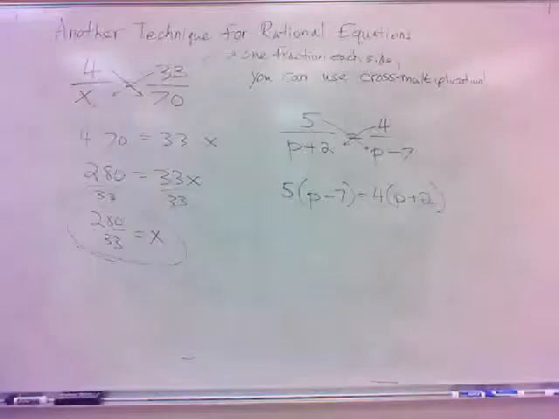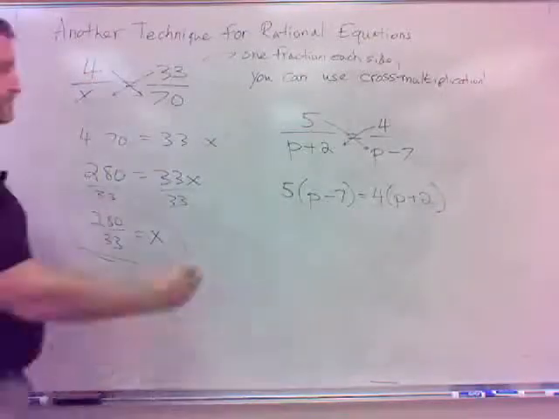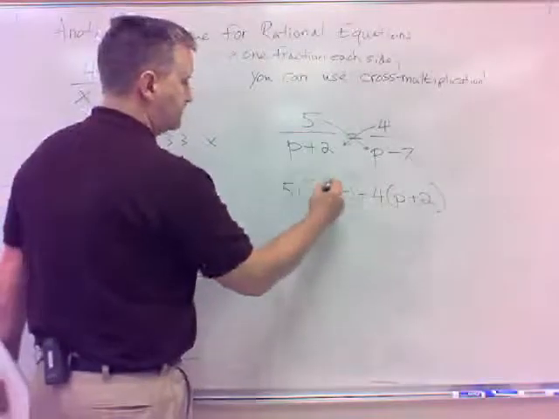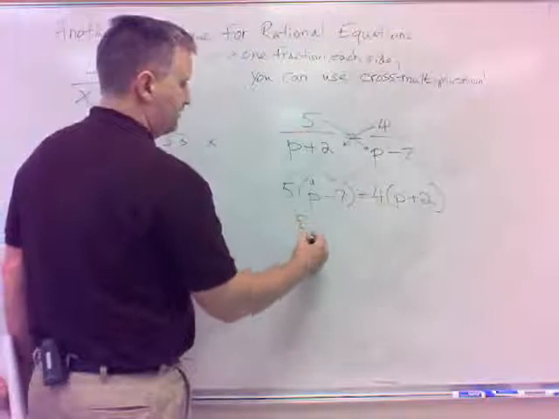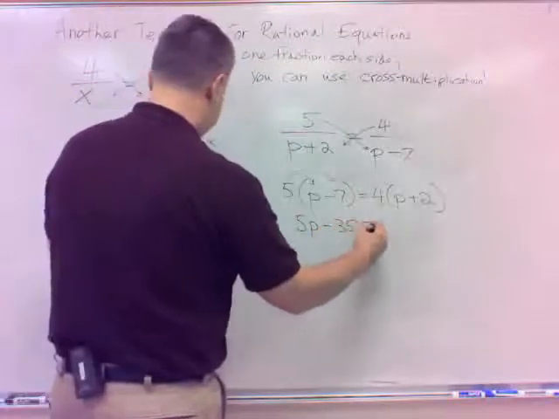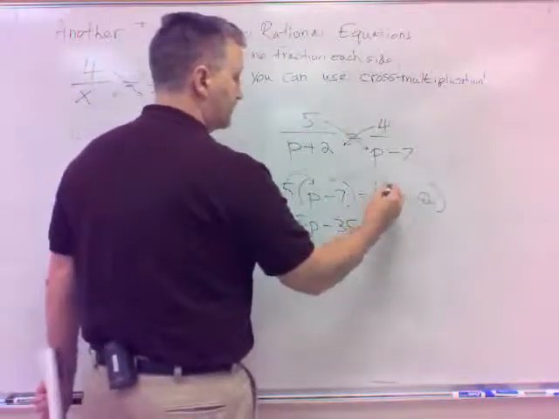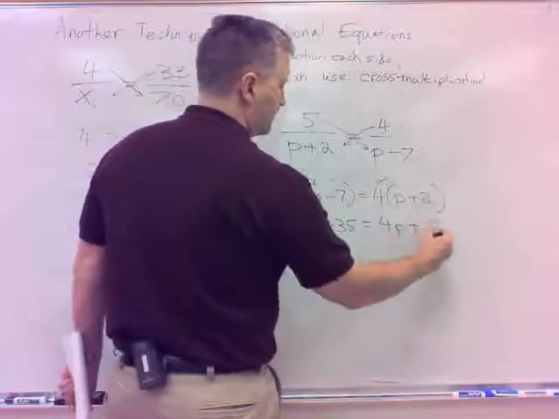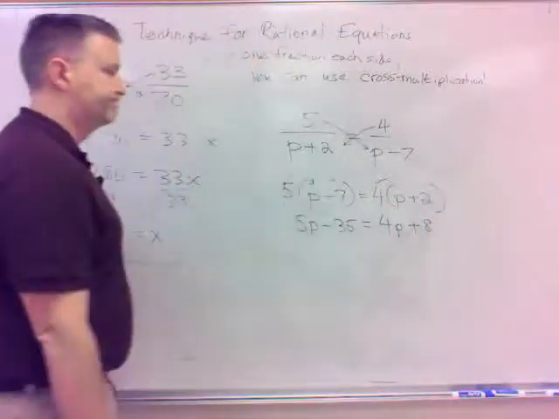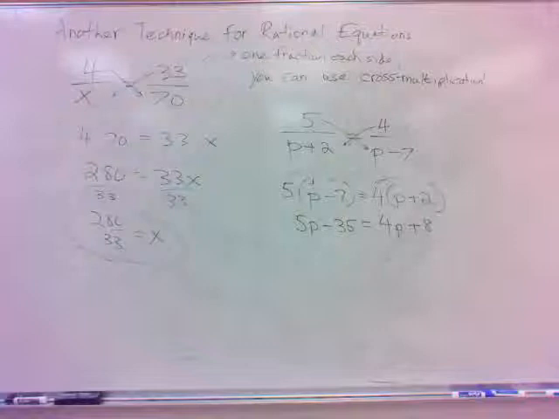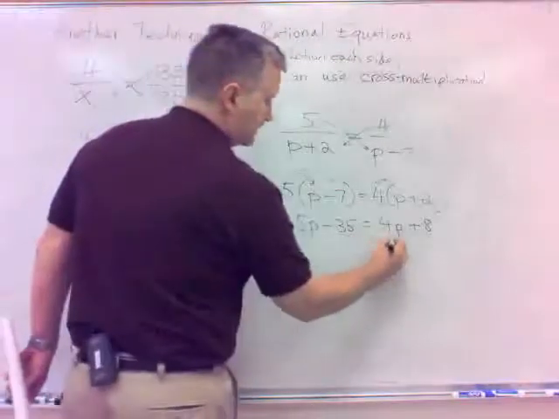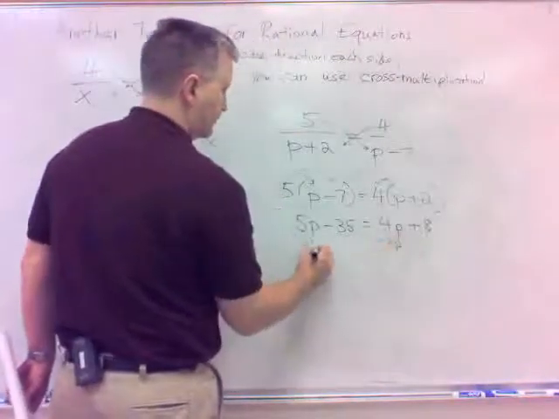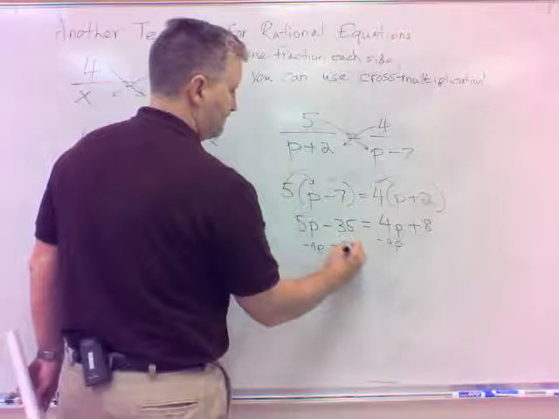That gives us a nice little equation. Distribute the 5, so we have 5p minus 35 equals, over here, 4p plus 8. All I have to do is subtract 4p on both sides and add 35 on both sides.